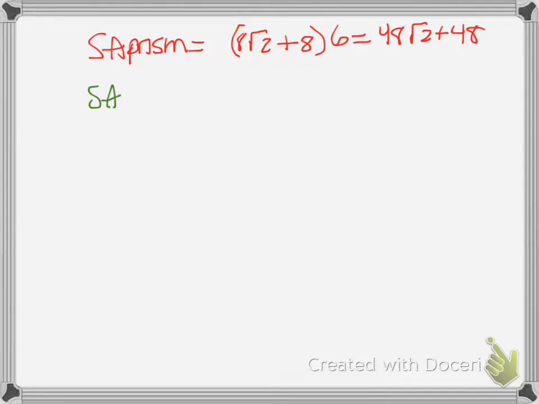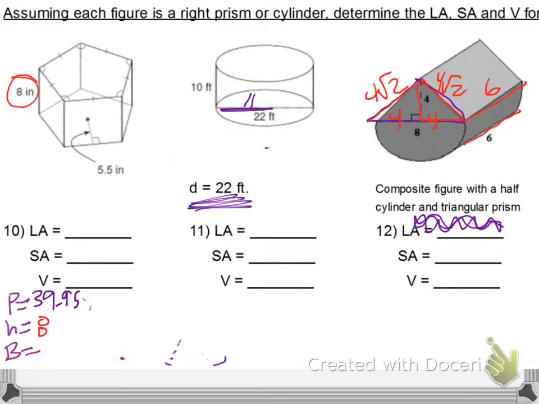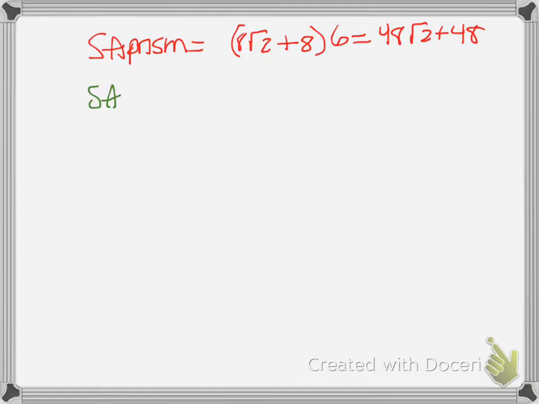One thing to point out, real quick, about the surface area of the prism. There is a part of that prism that's not on the surface. It's not being exposed, which means we are going to have to take it out. The part of the prism that's not being exposed is this rectangle that it's sitting on, and the area of that rectangle would be 8 times 6, which would be 48.